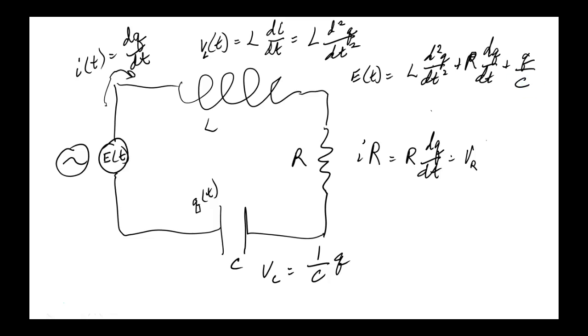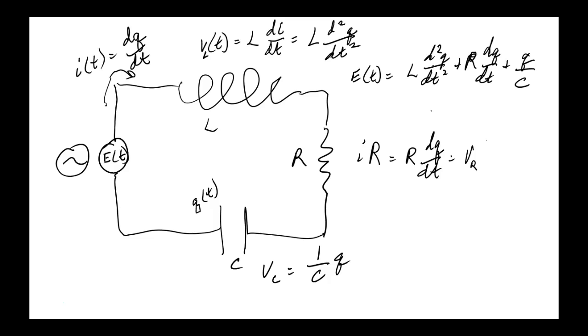Okay? So you see, the independent variable here is q. No, the dependent variable is q. The independent variable is time. And this is also a function of time. That's why they wrote it the other way, because most of the time we write our differential equations with the derivatives on this side and the function on the other side.